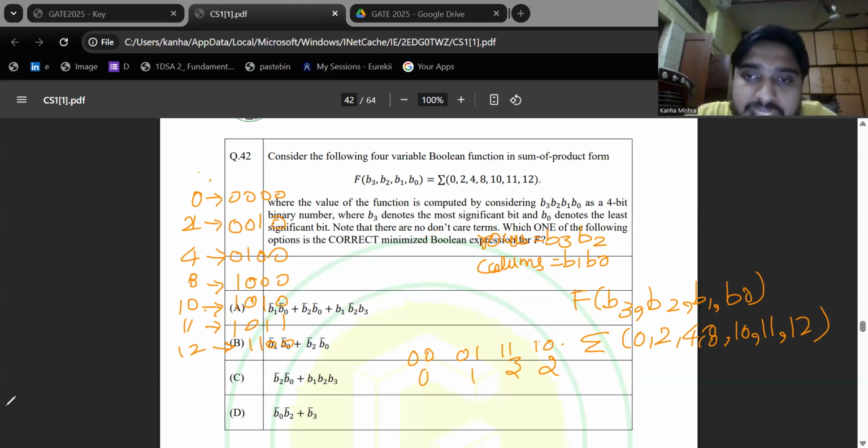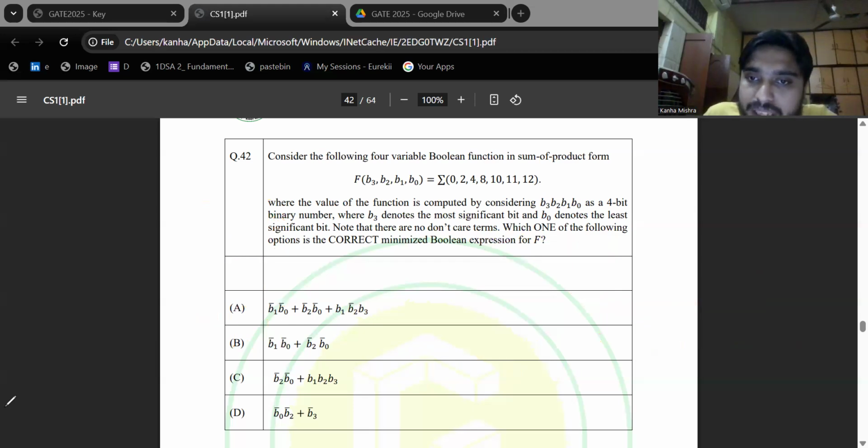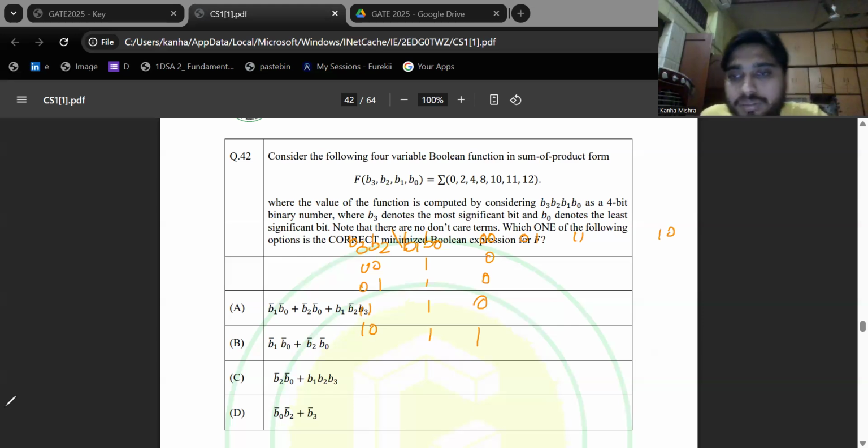Till now we have done whatever we can, so let's fill the K-map. I write B3, B2 slash B1, B0, with 0, 0, 0, 1, 1, 1, 1, 0 along the columns and 0, 0, 0, 1, 1, 1, 1, 0 along the rows. Then I fill 1, then 0, and let's fill all this as 0, and let's fill this as 1.